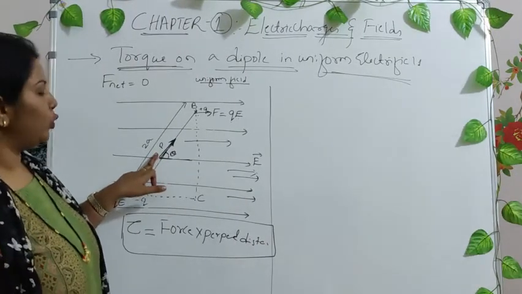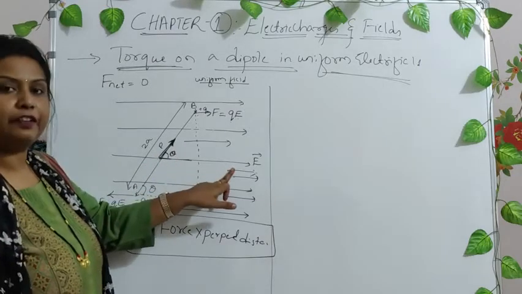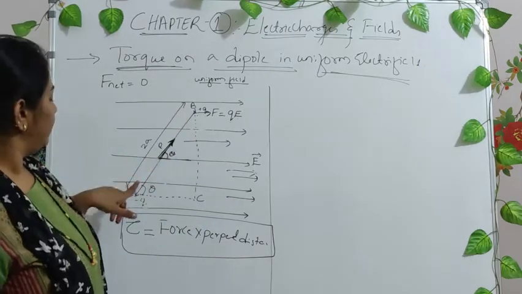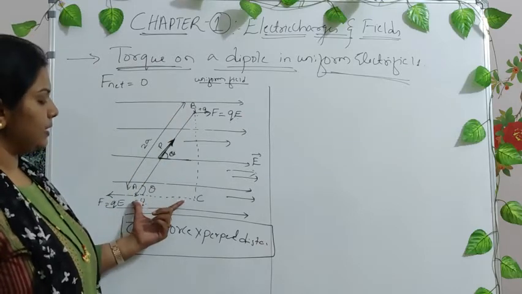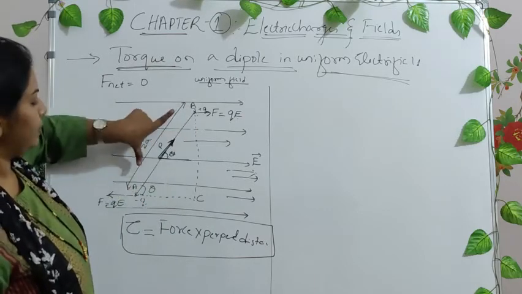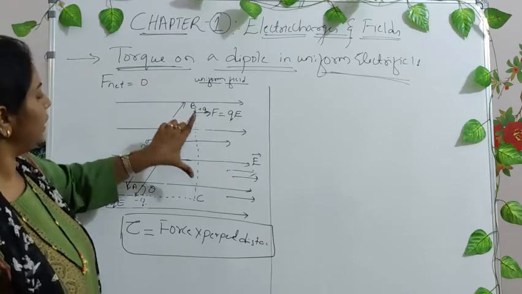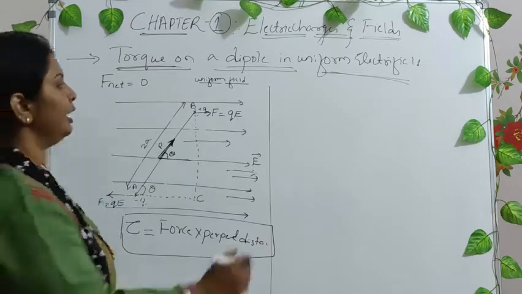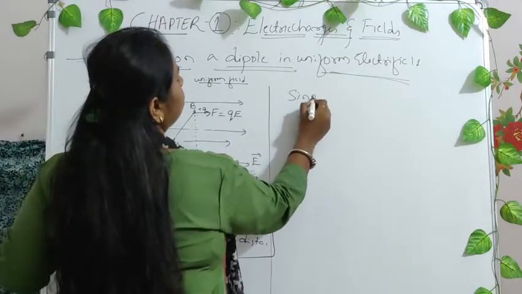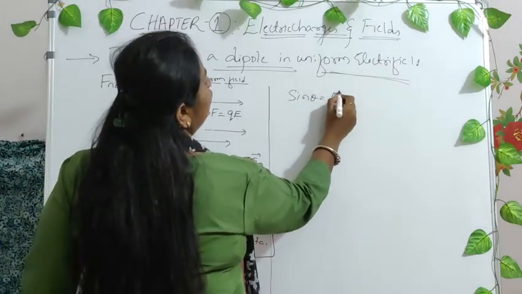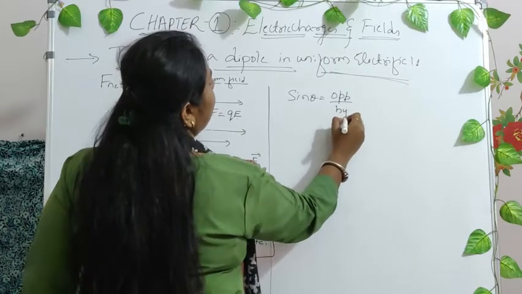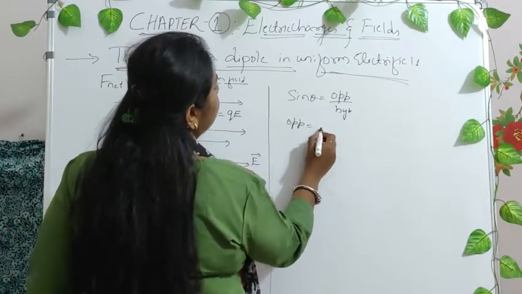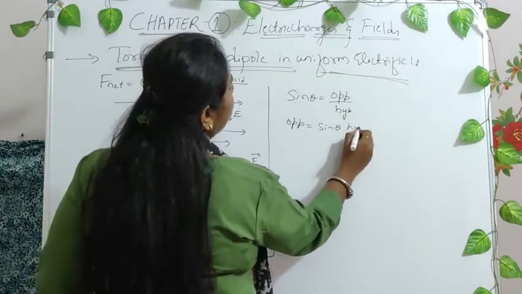The electric dipole moment is making an angle theta with the electric field, right? Now this is again the same angle theta in triangle BAC. This is adjacent, this is opposite, and this is hypotenuse. We want the opposite side, which can be found using sine theta. Sine theta is opposite by hypotenuse, so opposite equals sine theta into hypotenuse.